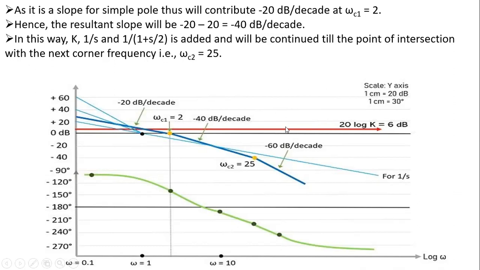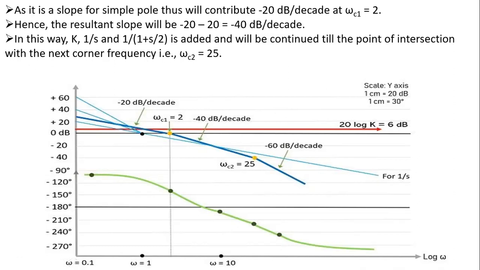Now, once the line is intersected at omega C2 equal to 25, again due to a simple pole, the contribution will be minus 20 decibels per decade. Thus, the resultant slope after the omega C2 corner frequency will be minus 40 minus 20, so we will get minus 60 decibels per decade.